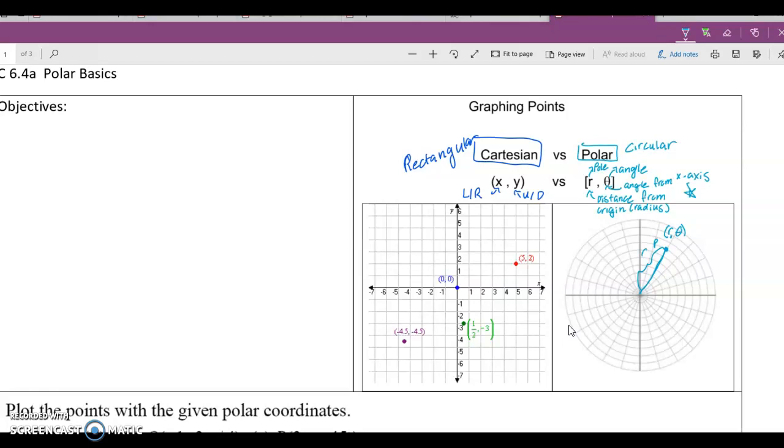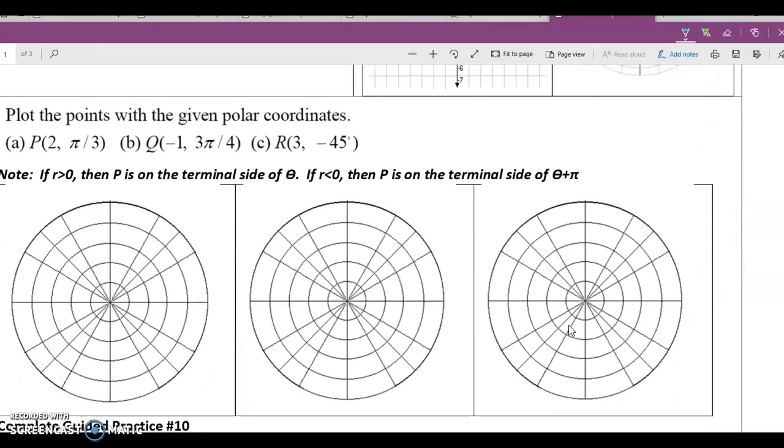So how many circles away we are from the center right here. And then theta is going to be this measurement right here, the angle measurement from our positive x-axis up to our line right here. So let's see this in action a little bit, okay?